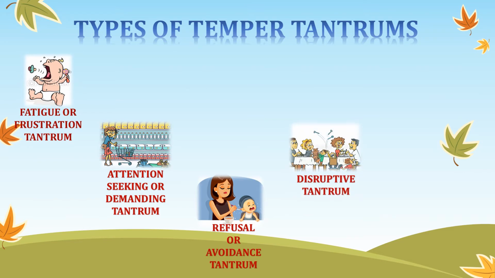This shrieking and flailing exhibition may occur in a public place like a restaurant or store. Number 5. Rage tantrum. Rage tantrums are when your child loses control physically as well as emotionally. Screaming, kicking, and striking are some examples of rage tantrums.